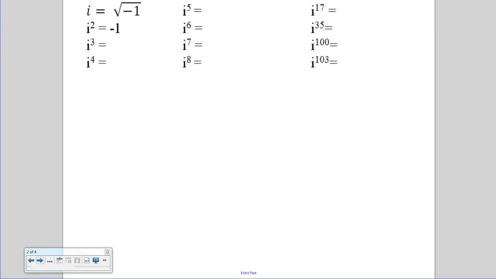So i is really the square root of -1. So for example, if you had the square root of -7, that's the same thing as the square root of -1 times radical 7, which is the same exact thing as i times radical 7, or written in the correct form, radical 7 times i.